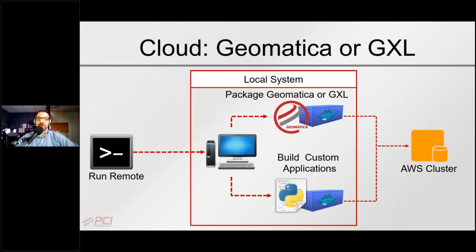Last but not least, we have, of course, the ability to deploy this technology, desktop or enterprise, to the cloud. Here's a piece of a cloud deployment schematic that we've used ourselves. So you can basically work locally. You can install Geomatica on a virtual machine or on a local machine, write Python scripts, build workflows.